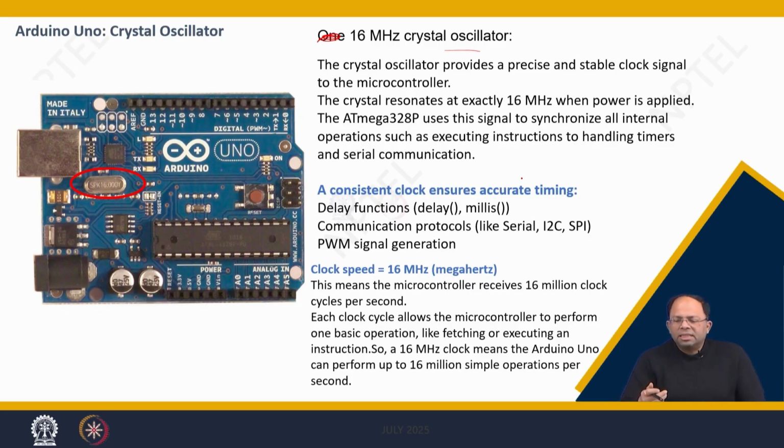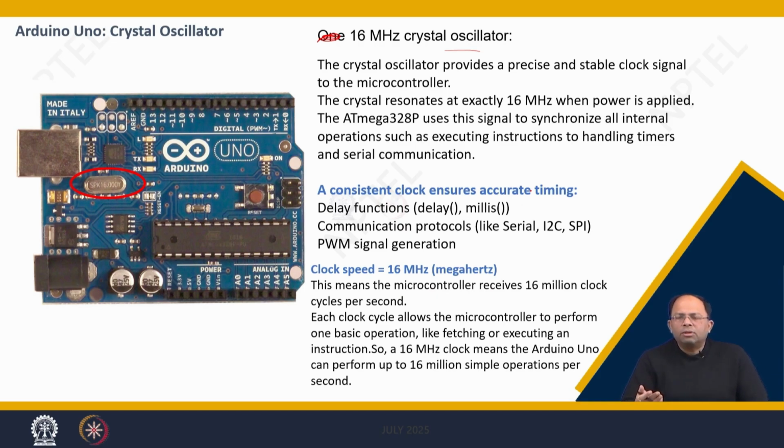Why? Because that signal is precise, that vibration that is happening over a period of time, right? From the number of vibrations that happen, we can make out what is the time passed and so on, right? So that information is utilized to determine what sort of timer instruction we are sending.